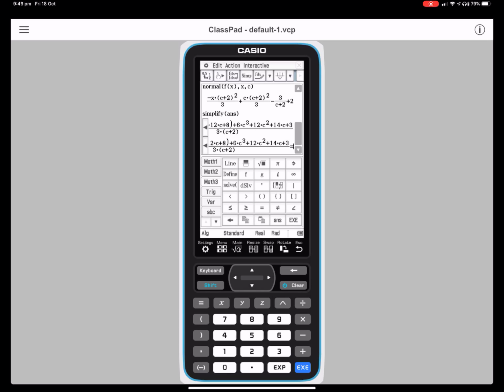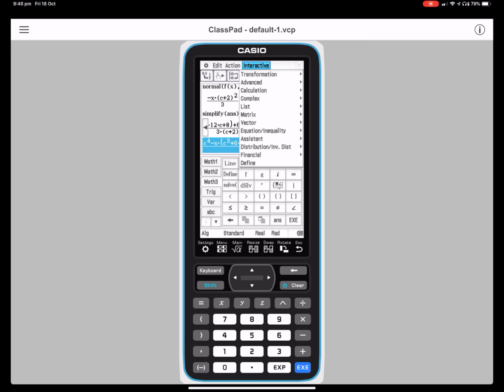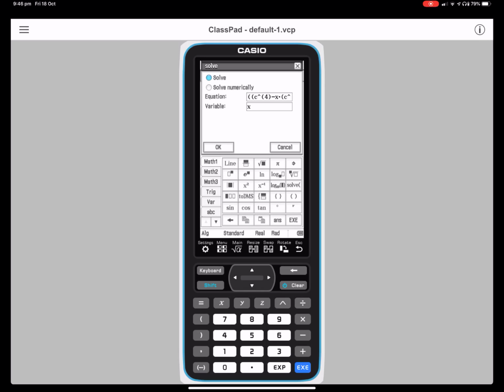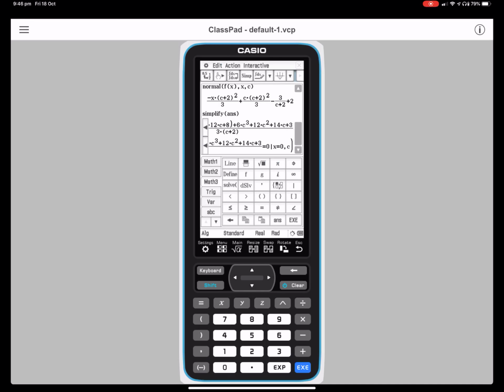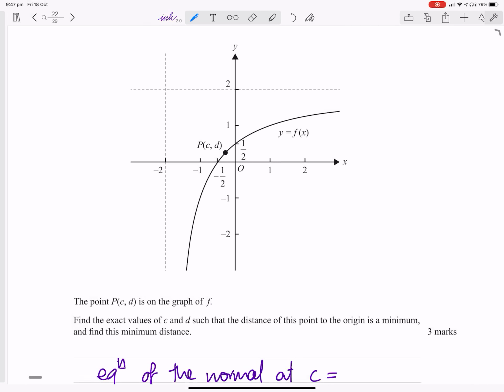So say y equals 0 given x equals 0. Select all, solve for C. If this doesn't work, there's got to be another way that will make it easier. Okay, so C equals negative root 3 minus 2, negative root 3 plus 2.